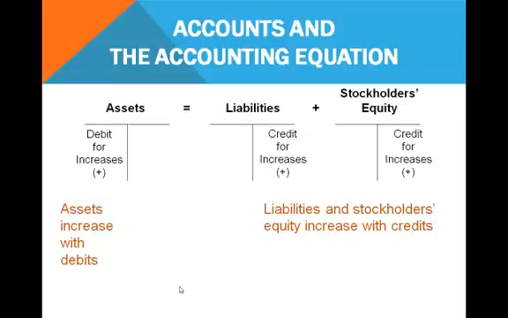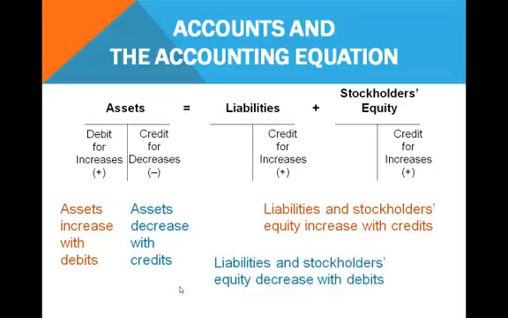So we credit those to increase them. That means we do the opposite for the decreases. For example, assets are decreased with credits. Liabilities and stockholders' equity are decreased with debits. So that gives you all of the accounting equation and what the debits and credits do.